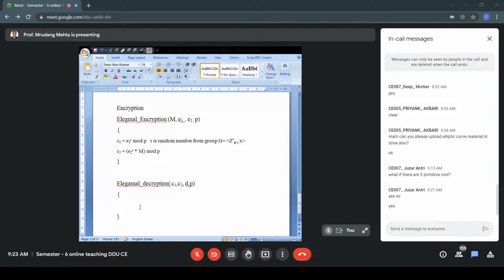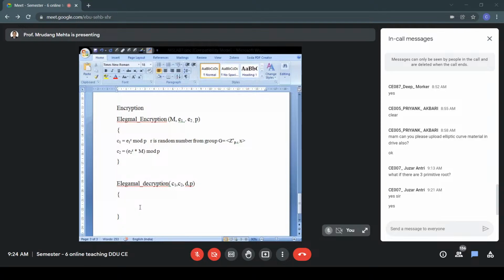How to perform decryption? It is comparatively simple, straightforward. M is equal to C2 into C1 raised to D, and its inverse.